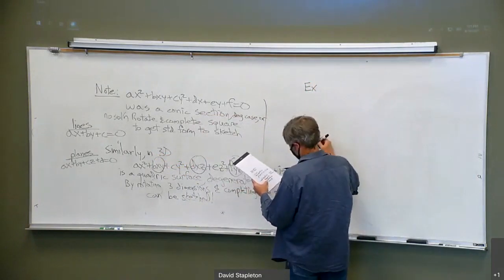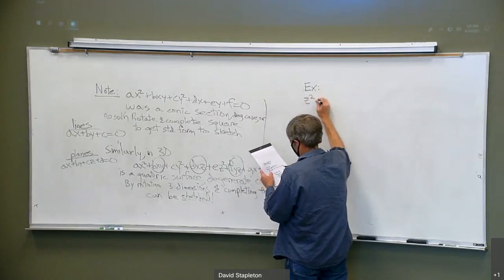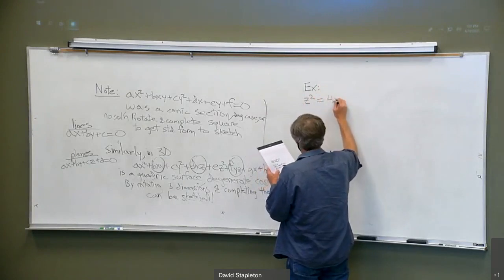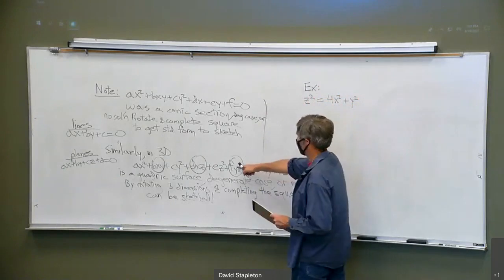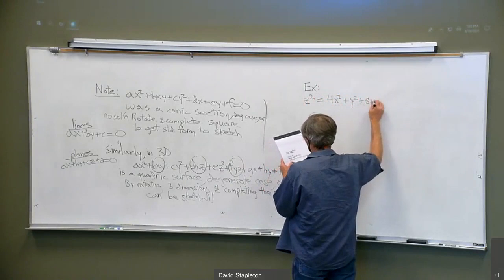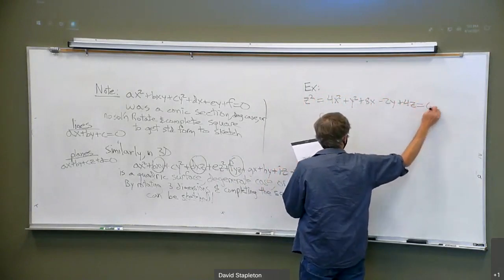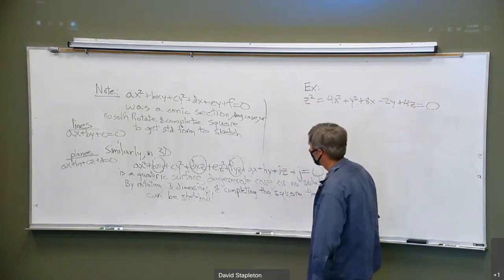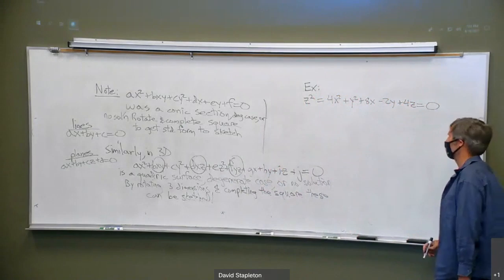Suppose I give you the equation for the final exam: z squared equals 4x squared plus y squared, no cross terms, plus 8x minus 2y plus 4. There are no rotations necessary. We simply complete the square to see how we have to translate it. So let's do that part.